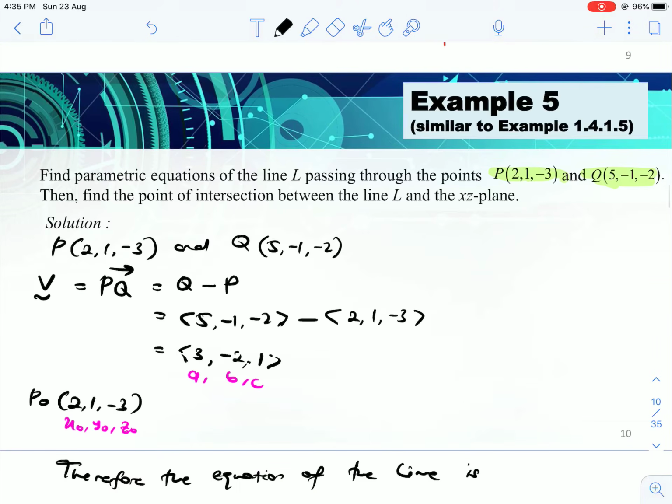Next, the question asks to find the point of intersection between the line L and the XZ plane.